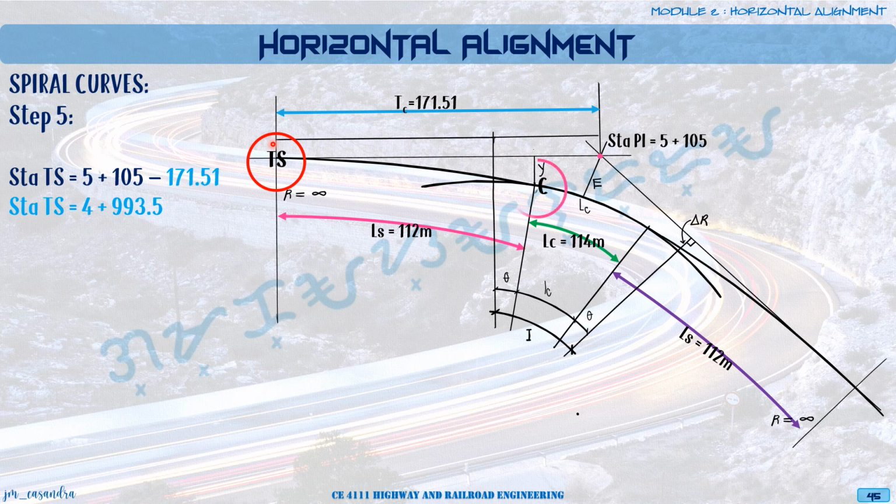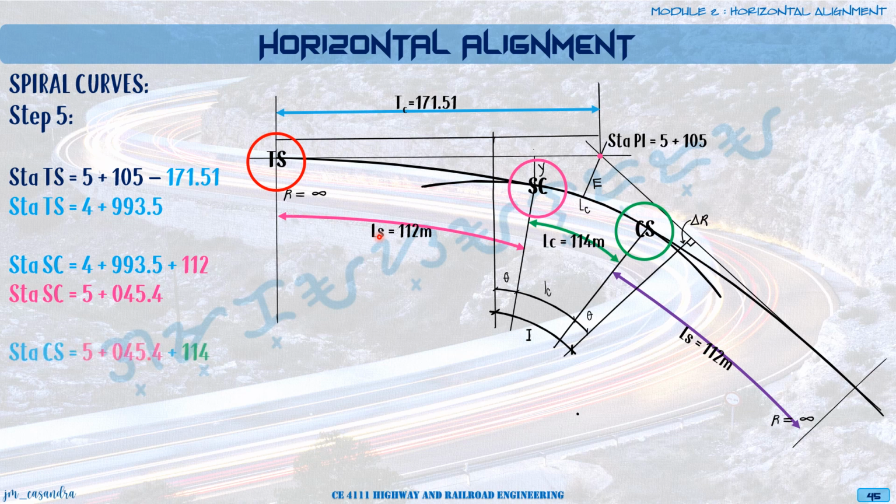And then for SC, from TS we move 112 meters. So SC will be given by the station TS plus 112. So station SC is equal to 5 plus 045.5.